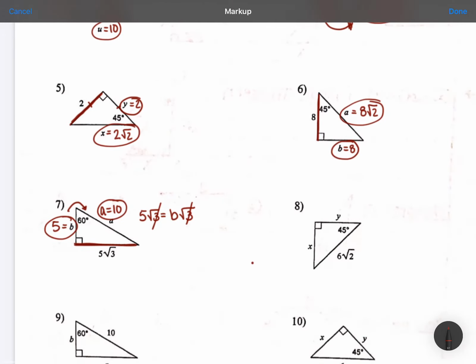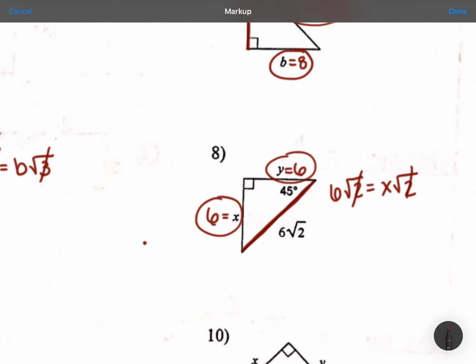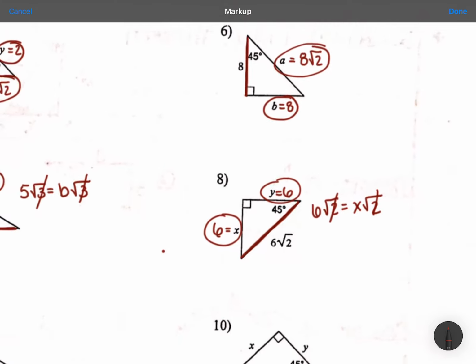It's like a little pattern around the triangles. Hypotenuse on the 45, 45. Hypotenuse equals leg times radical 2. Radical 2's would cancel when you divide, so x is 6. And so is y. It's a 45, 45. It's an isosceles right triangle. The legs are congruent.